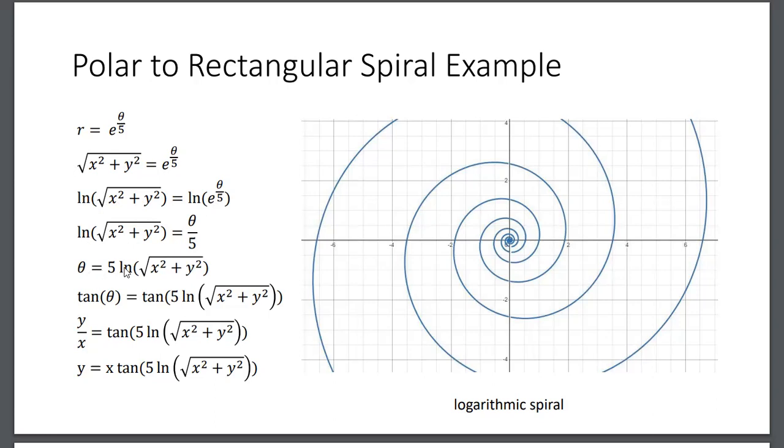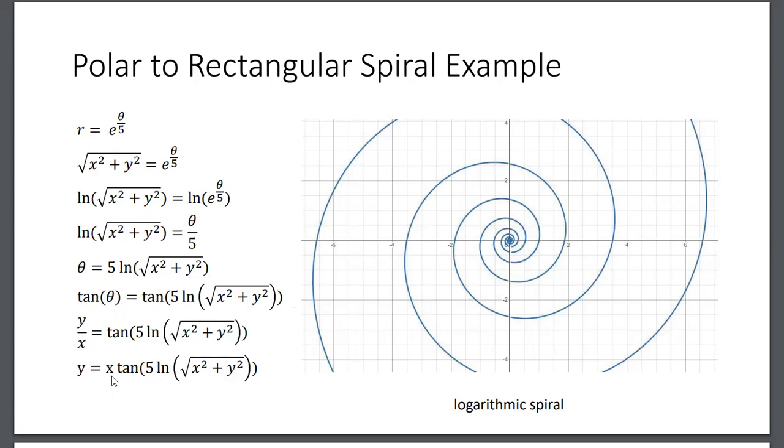Theta is 5 times the natural log of square root of x squared plus y squared. Then take the tangent of both sides of this equation. The tangent of theta is the tangent of the right-hand side. And we learned that the tangent of theta is y over x. So y over x is equal to that. Multiply both sides by x, and you get this equation here, which doesn't have r or theta anymore. It only has x and y's.